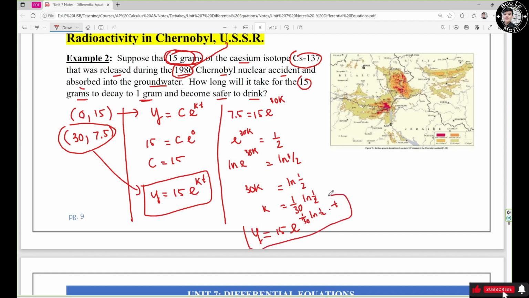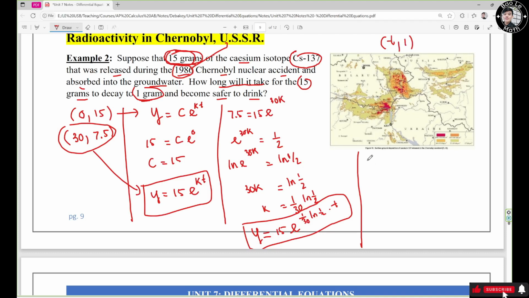Now finally, we need to answer the question right here. How long will it take for the 15 grams to decay to 1 gram? So which means you have the ordered pair (t, 1). Substitute over here, so you need to solve for t.